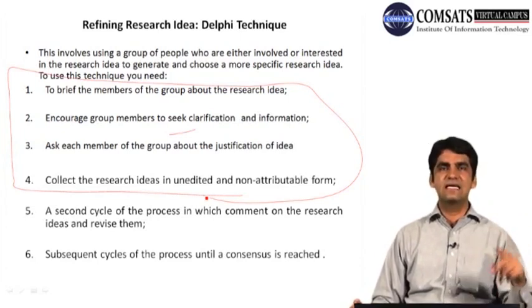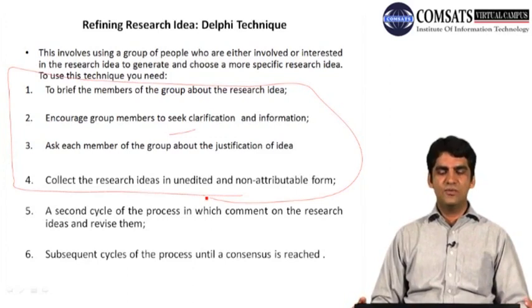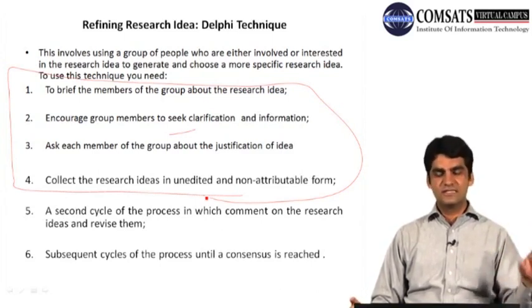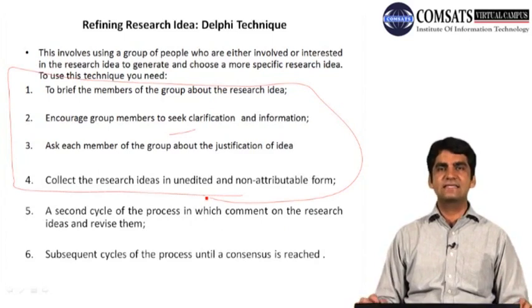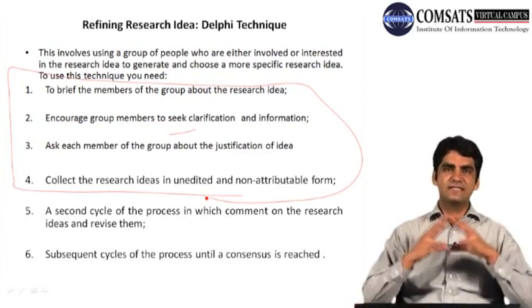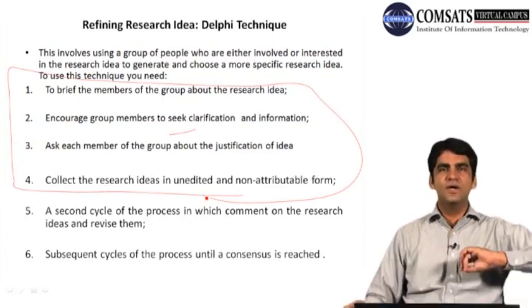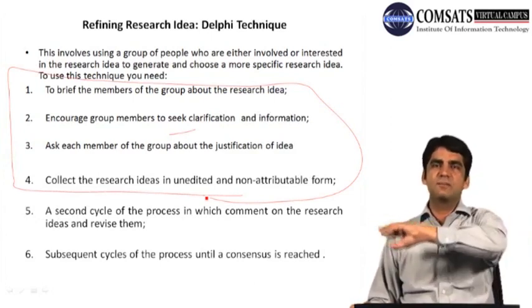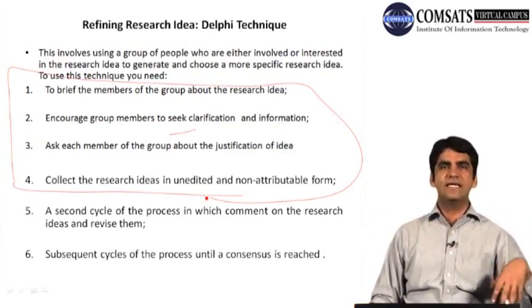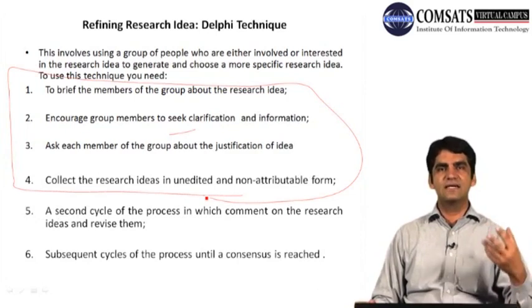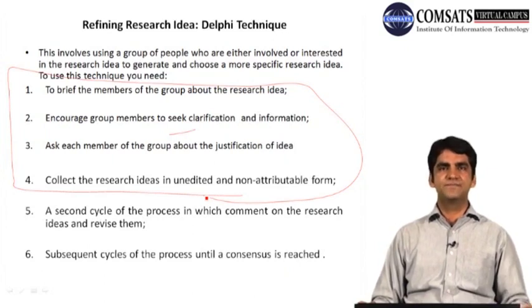The second cycle starts when you process the comments on the research idea, give them to the group and revise them, and then you do subsequent cycles until a consensus is reached. So whatever you write in unedited form, you give to each member of your group, either in email form, in writing form, or in any form that is convenient for you to communicate with them.